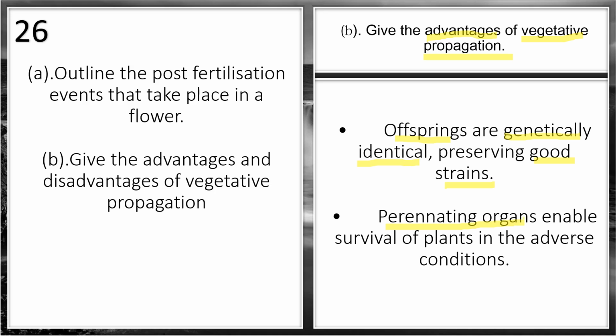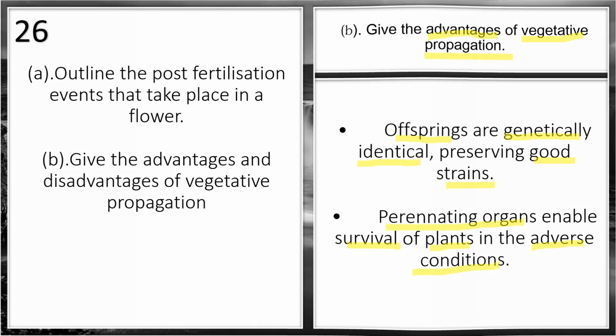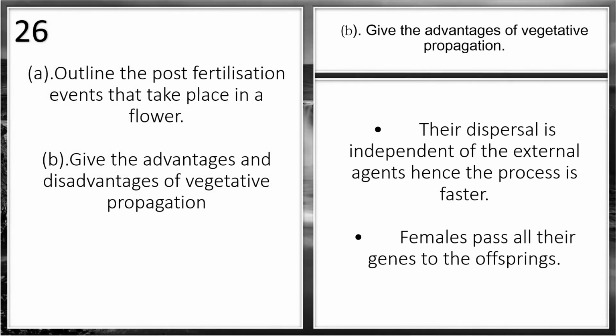Perennating organs enable survival of plants in adverse conditions. Their dispersal is independent of external agents. Hence, the process is faster.